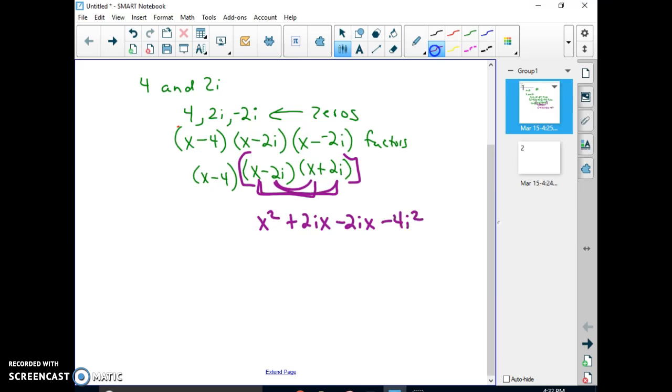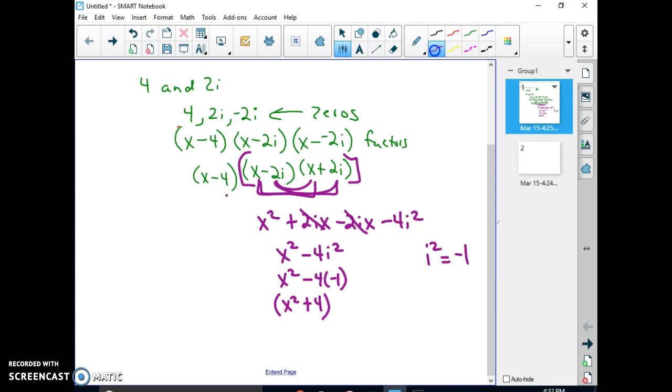Now, combining like terms, the positive 2ix and the negative 2ix cancel each other out, and I will have x squared minus 4i squared. But remember, with imaginary numbers, i squared is equal to negative 1. So this becomes x squared minus 4 times negative 1, so it becomes x squared plus 4.